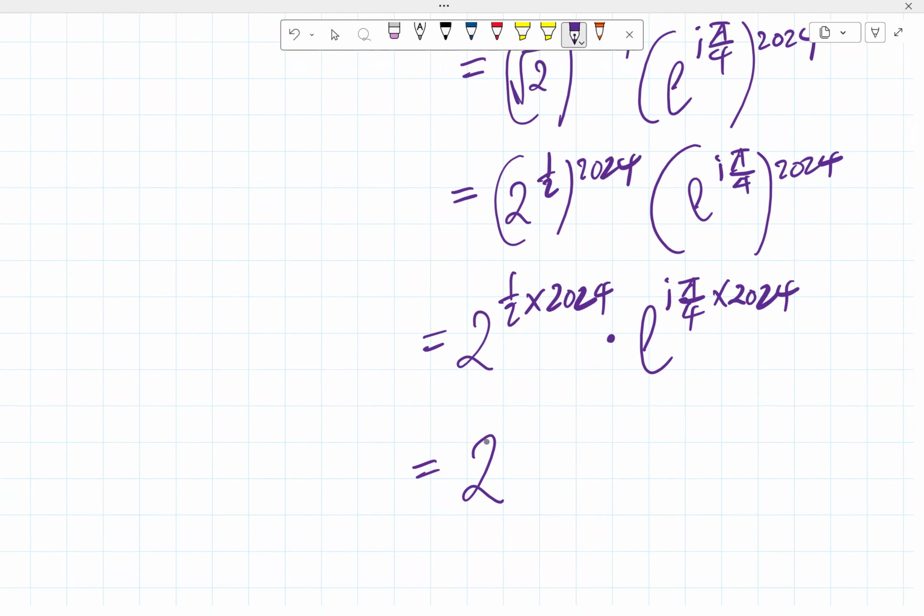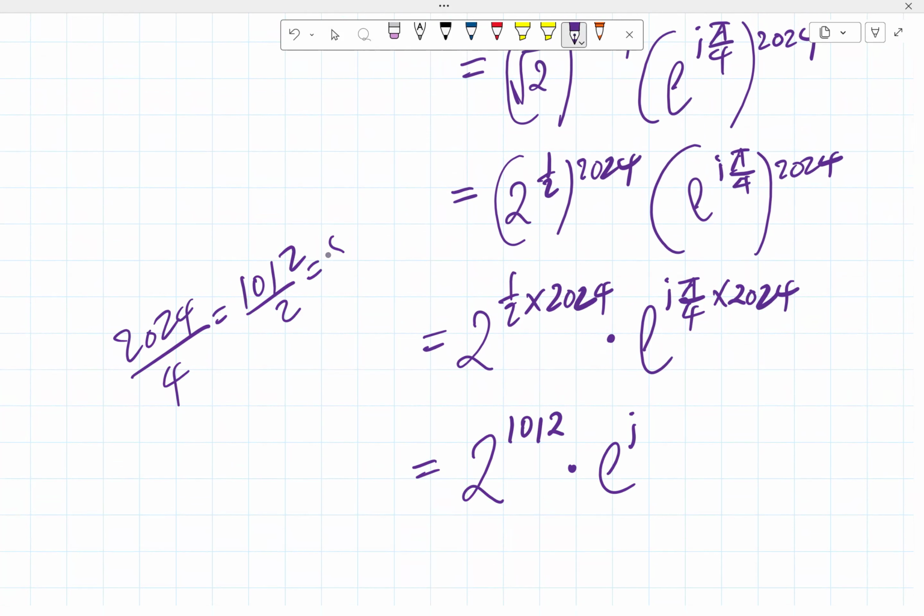So this is 2 raised to the power 2024 over 2, that's 1012, multiplied by e raised to the power i, then 4 goes into 2024, that's 2024 over 4. Let me just do this: 1012 over 2, that's 506.